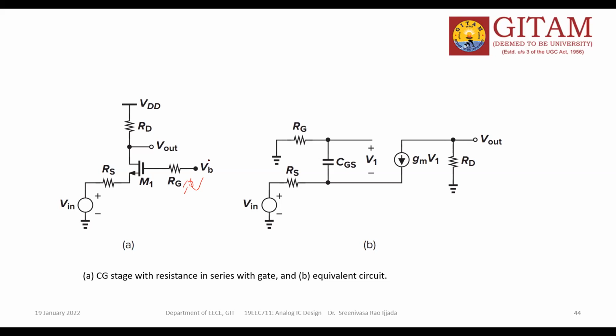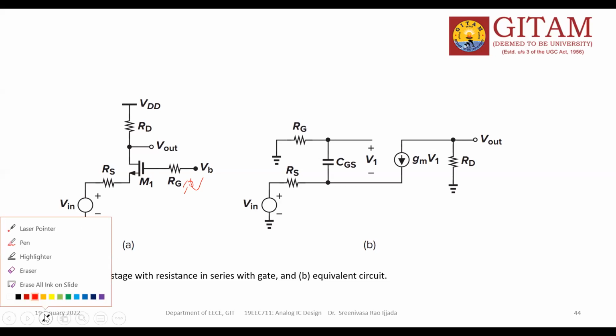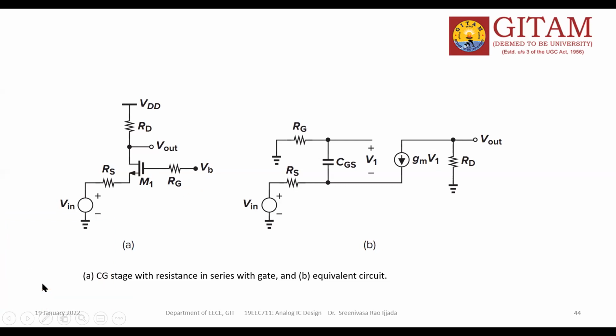If you include 3 capacitors, you get a third order transfer function. Each capacitor will introduce one pole, or one order. So 3 capacitors means third order, 2 capacitors means second order.